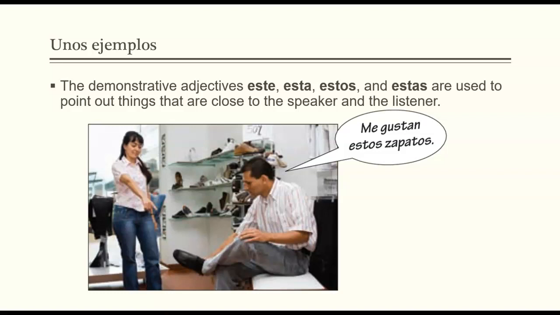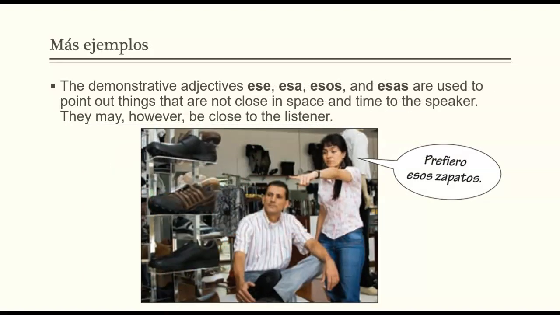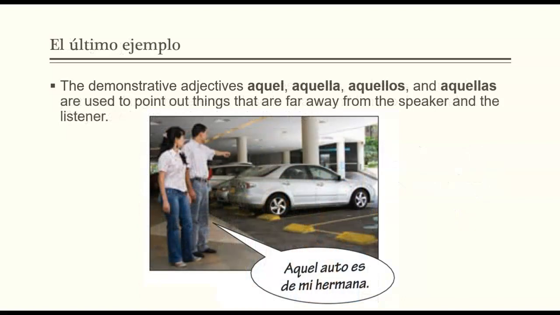Oh, me gustan estos zapatos. Ese, esa, esos, and esas are used to point out things that are not close in space or time to the speaker, but they may, however, be close to the listener. Like, oh, prefiero esos zapatos.